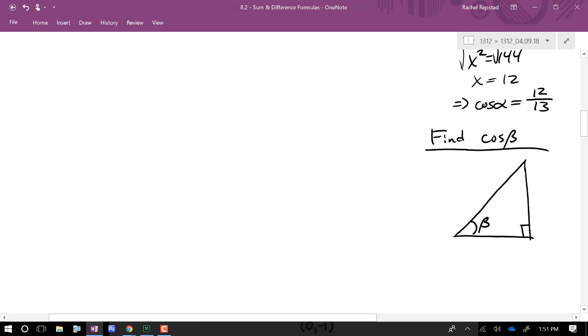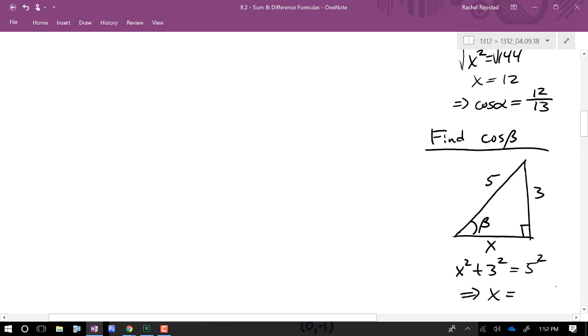So they told us that sine was negative 3 over 5. And we can find x doing the same thing, right? X squared, just using Pythagoras, is 3 squared plus 5. Whoops. Let me do this correctly. X squared plus 3 squared is equal to 5 squared. Guess what x is? 4.